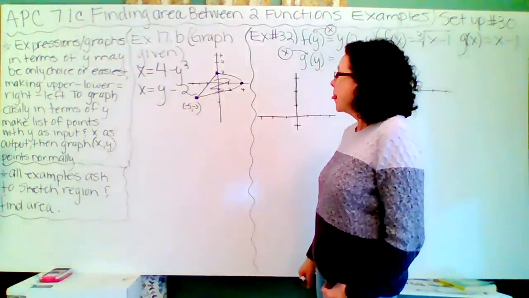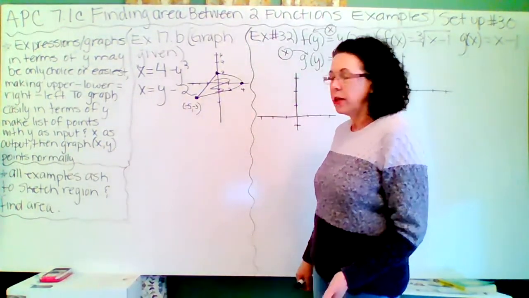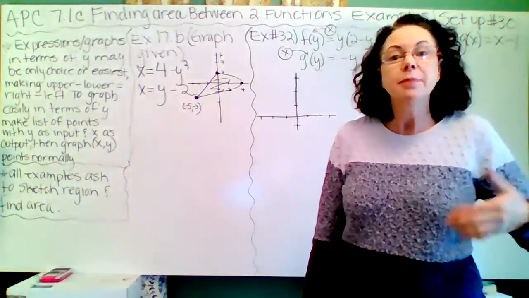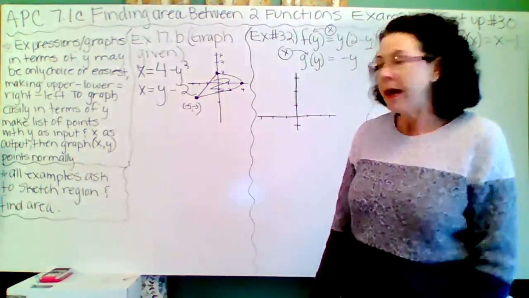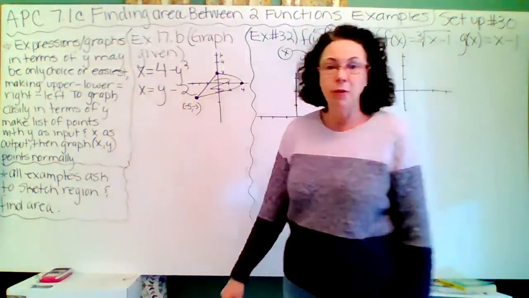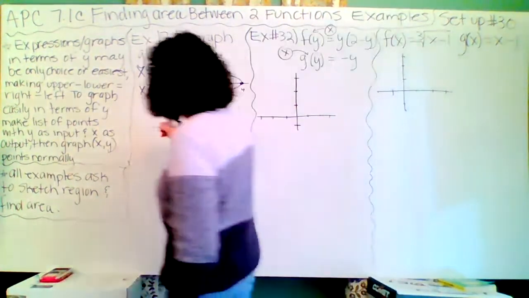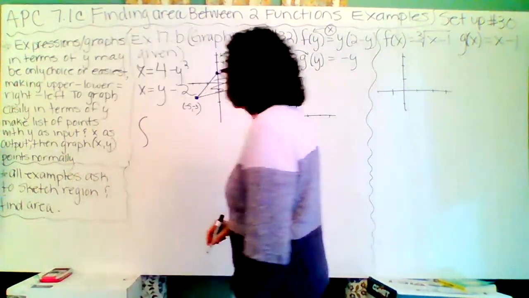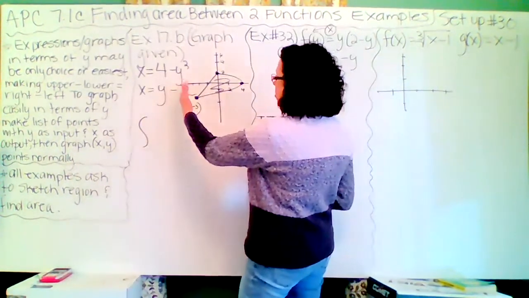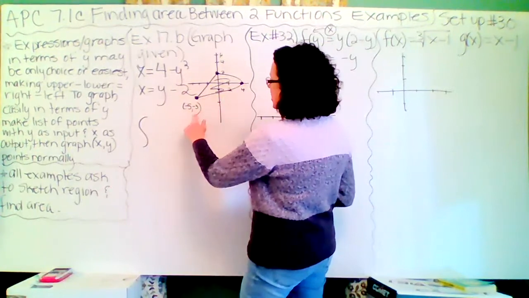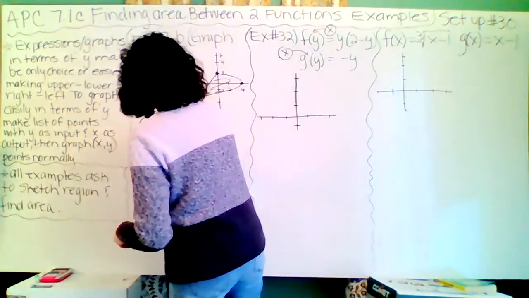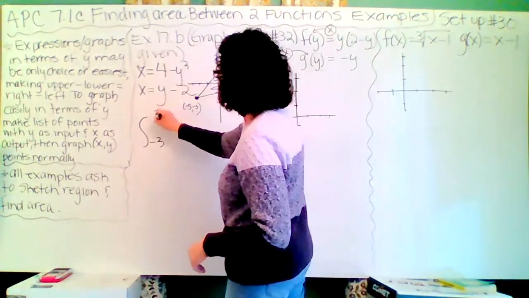And so if I'm going to integrate in terms of y, then my lower and upper boundaries or values have to be y's, not x's. So here's the picture we have. Our integration is going to be, as I go, my lower y is a -3, and my upper y is a 2.